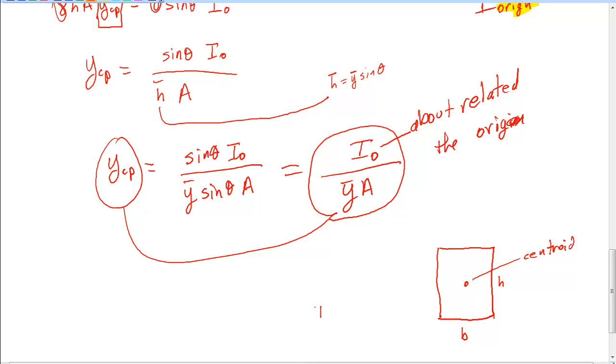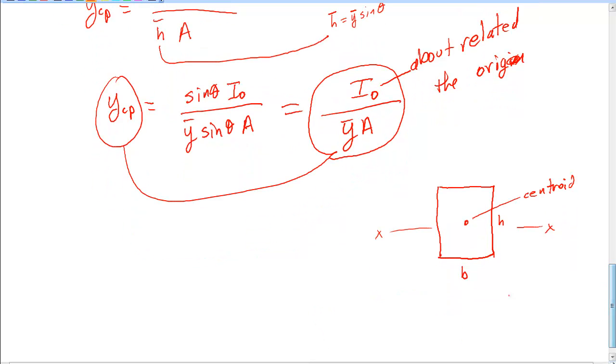And somebody always says, well, what is the I about, say, XX there? And they always give you, I put a bar over that because it is the second area moment about, or let's say referenced, or relative, whatever you want to call it, to the centroid.